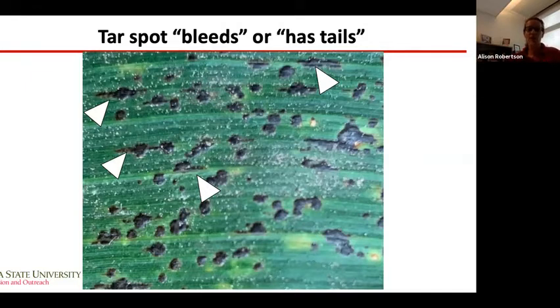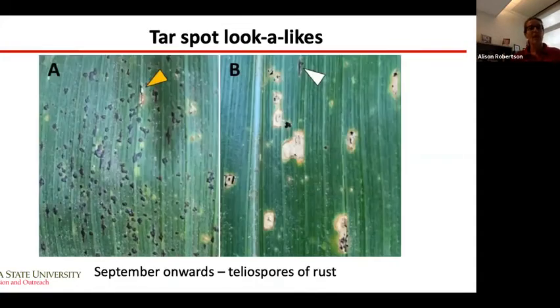I think you can see in this picture that there are some round spots, but there are also some spots that have these tails, or bleed down the vein of the leaf. If you see something like that, that's not bug poop. That's definitely tar spot.